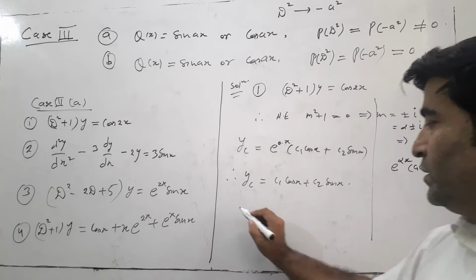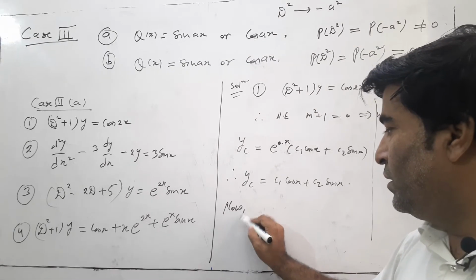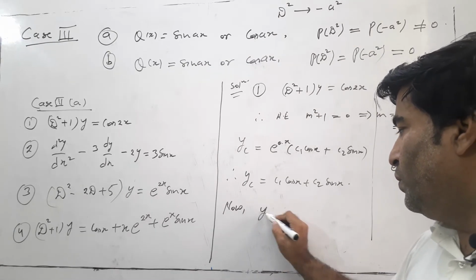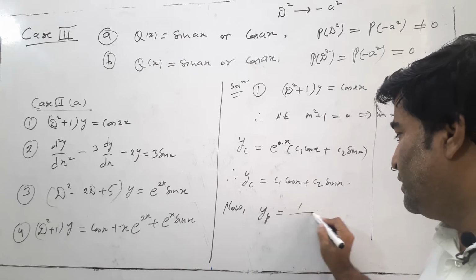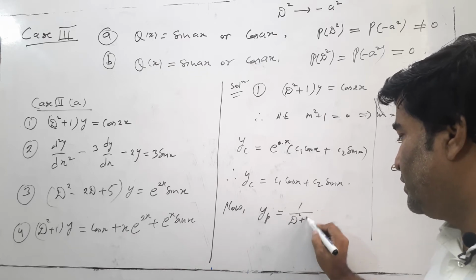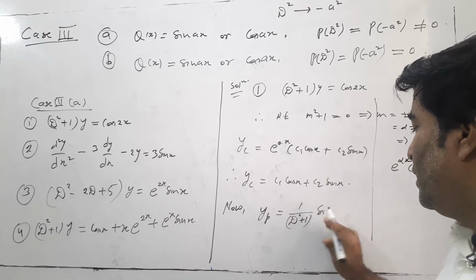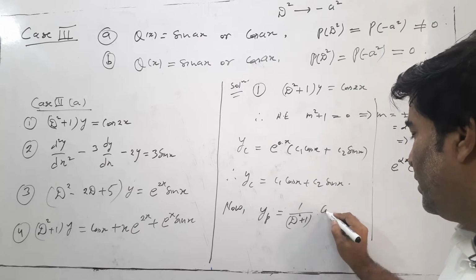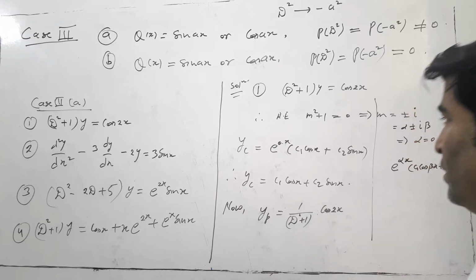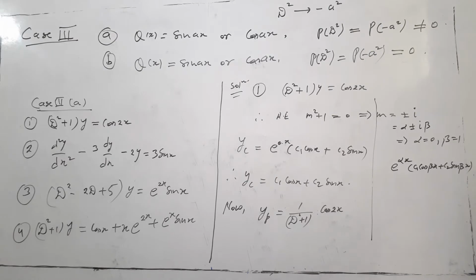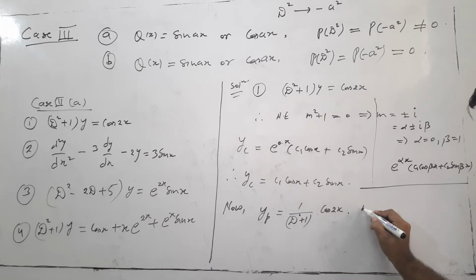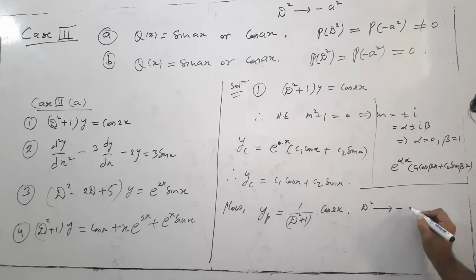Now we find the particular integral yp, which is equal to 1 over (D square plus 1) cos 2x. In the case of sin ax or cos ax, we replace D square by minus a square.